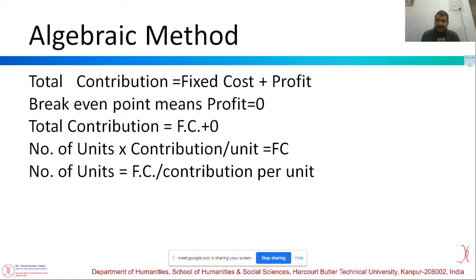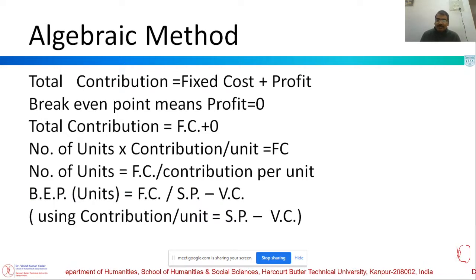Now, contribution per unit is very clear, because we have discussed that total contribution is total sales price minus total variable cost. Contribution per unit can be easily understood as selling price per unit minus variable cost per unit. This is a very simple case.